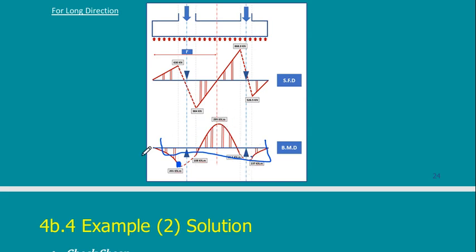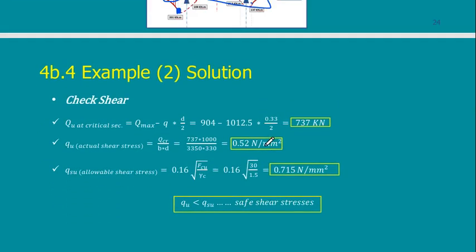But for the upper one, I'm going to put another steel reinforcement like this. So this upper reinforcement will be designed based on this moment, and this lower reinforcement will be designed on the maximum of both cantilevers. So this is what I should do.